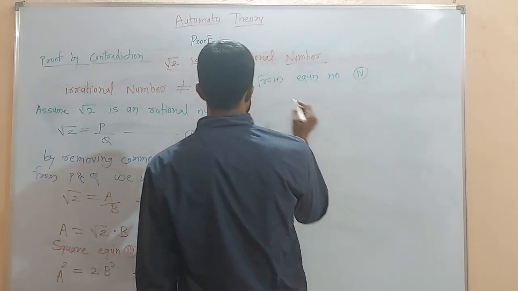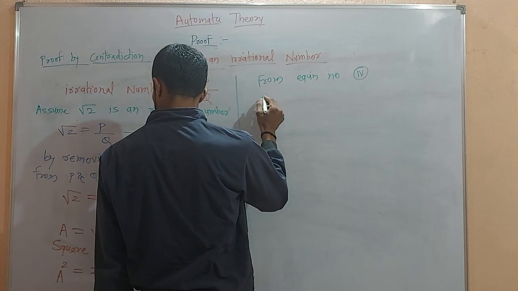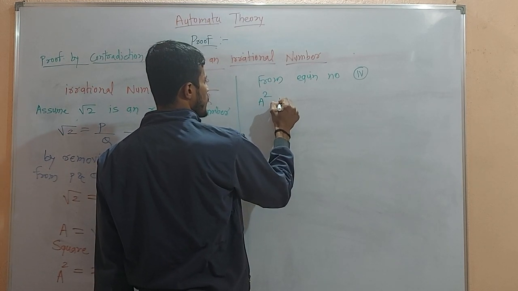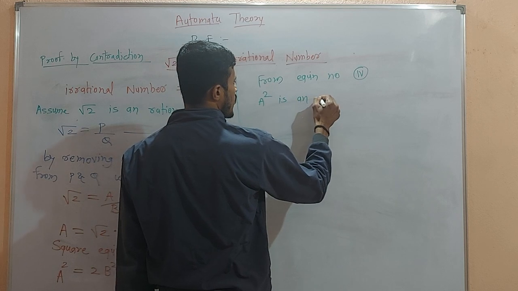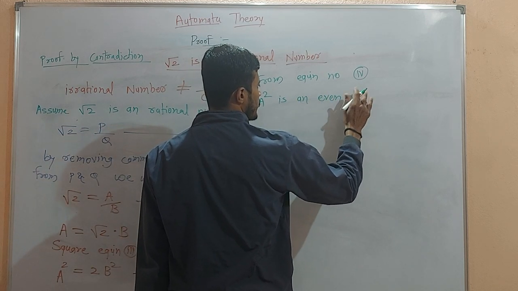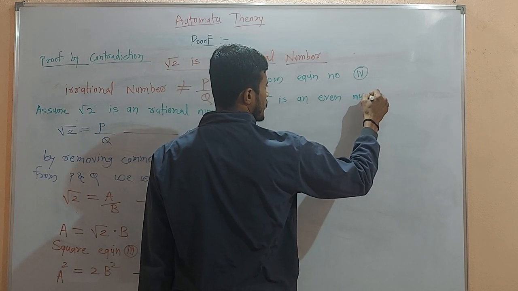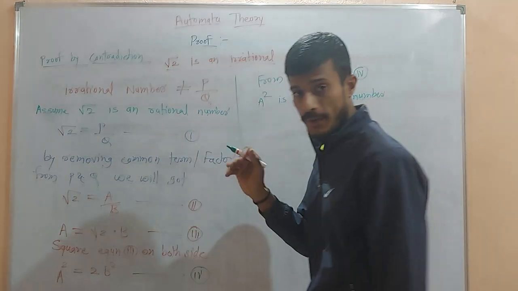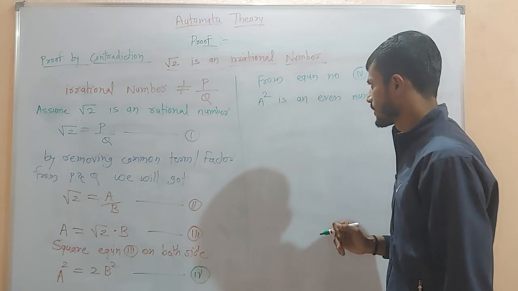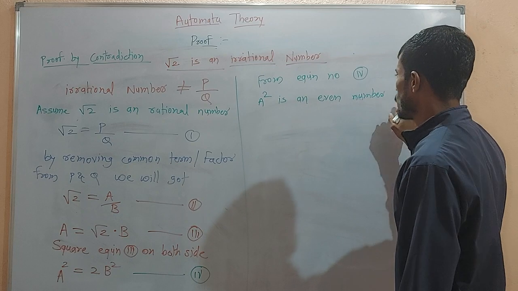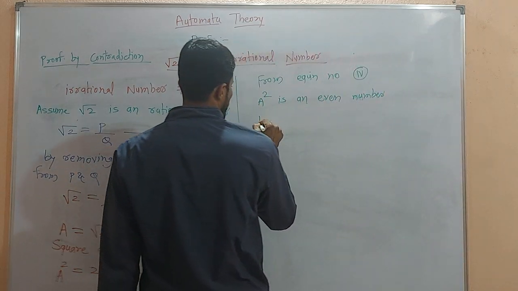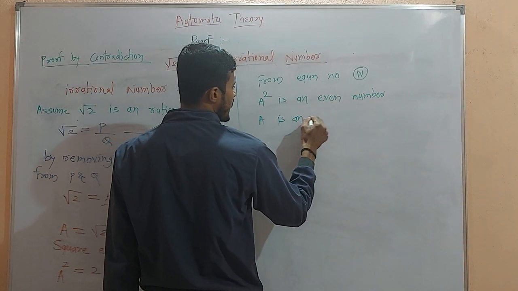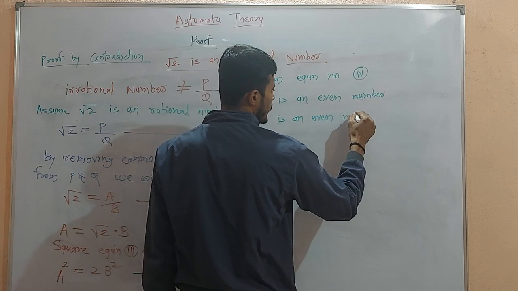So you can say here, a square is an even number, by using the property of squares and even numbers. If a square is an even number, simply you can say that a is an even number.